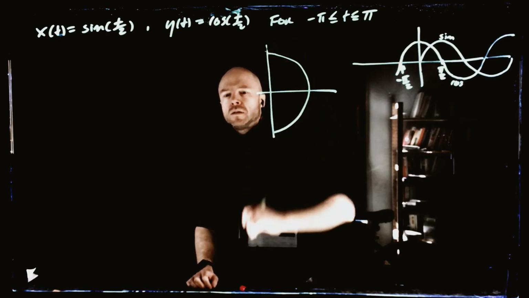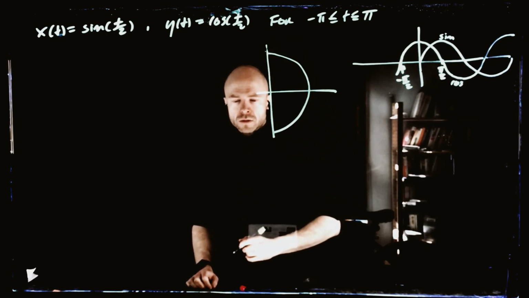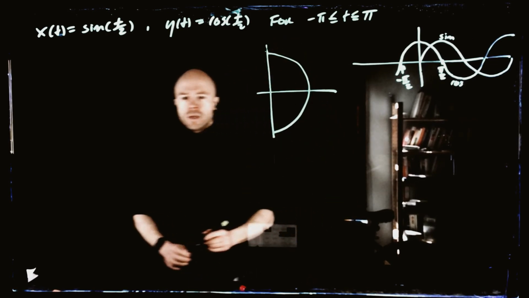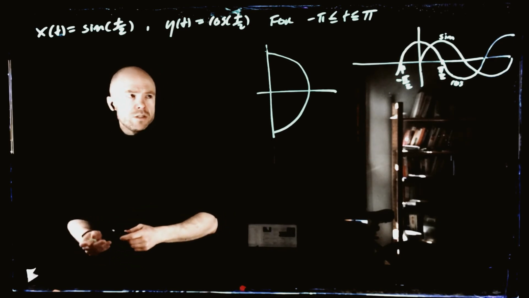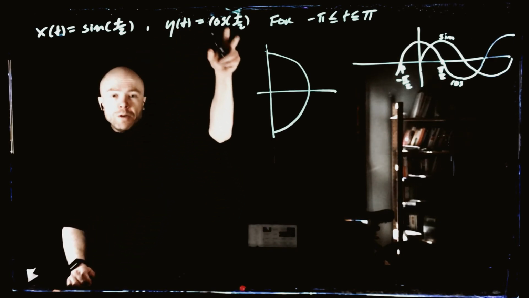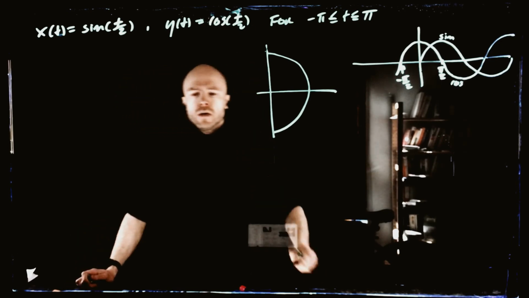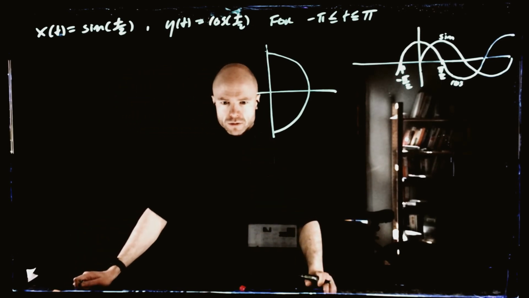Yeah? That's what it looks like. And the question is to turn this parametric curve into an xy equation, right? Into a Cartesian equation. Is that the question?